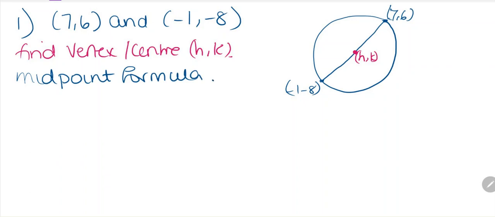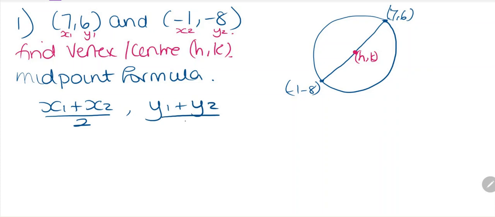So we need to label these x1 and x2, y1 and y2. The formula says that we're going to add our x coordinates together and divide by 2, and then add our y coordinates together and divide by 2.